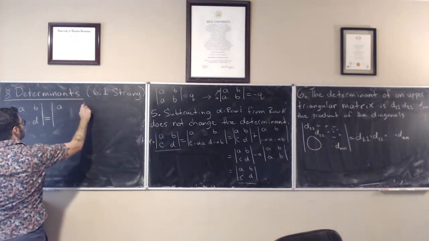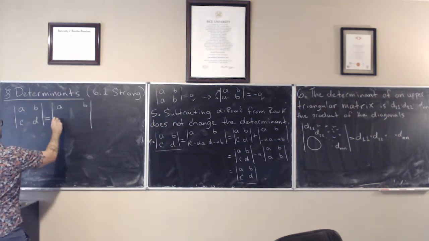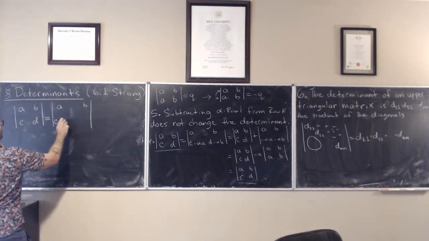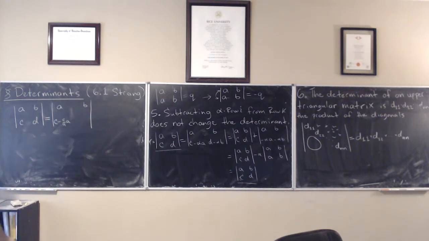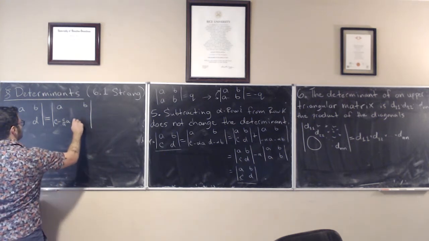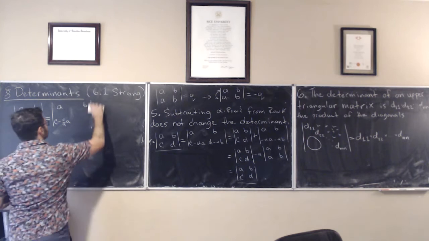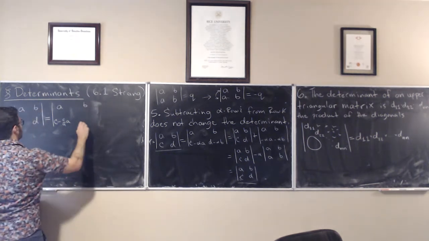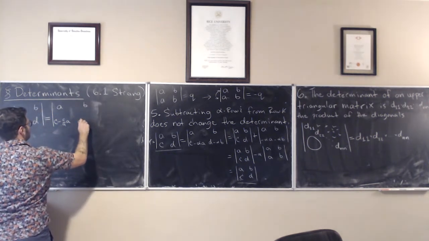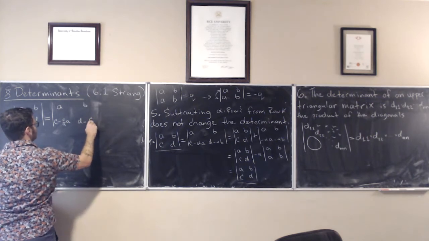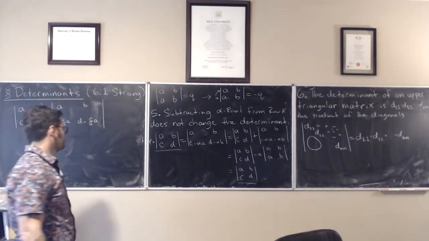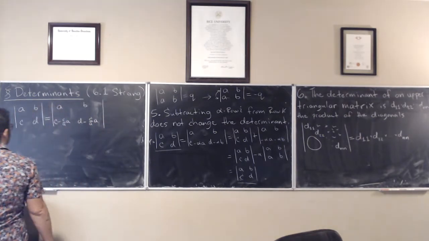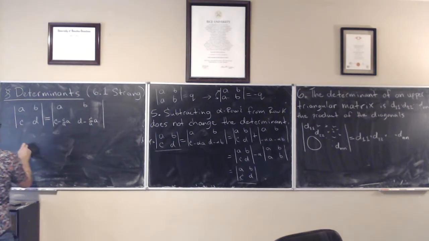So A, B, and then C minus C over A times A. And then I need to make this bigger: D minus C over A times A. Okay, so that'll be 0.